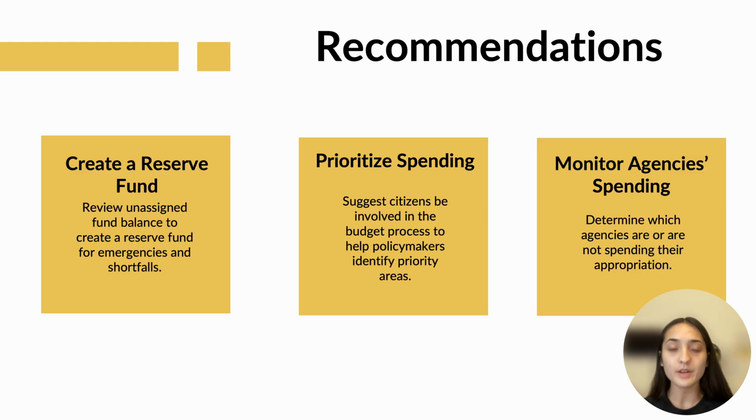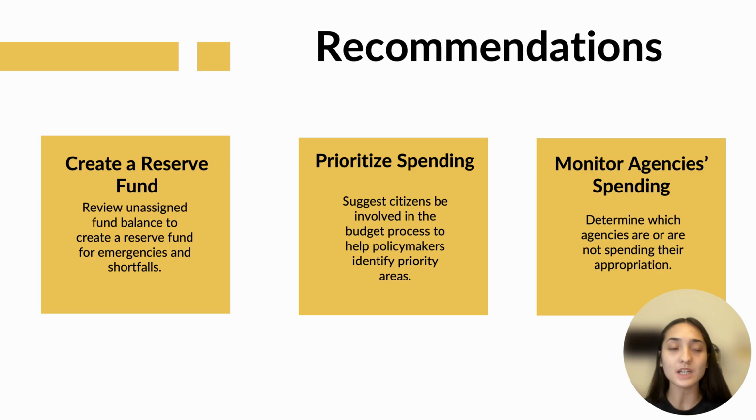So although the Government of Guam does seem to be in healthy financial standing at the moment, due to the gradual increase of reported surpluses within the past 5 years, here are some recommendations for the Government of Guam to improve efficiency and effectiveness in the operating surplus and deficit ratios for future years.